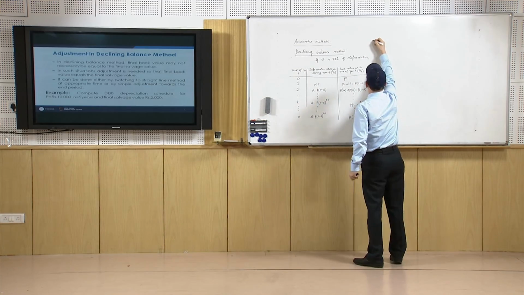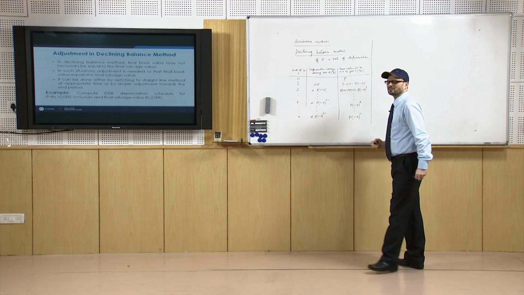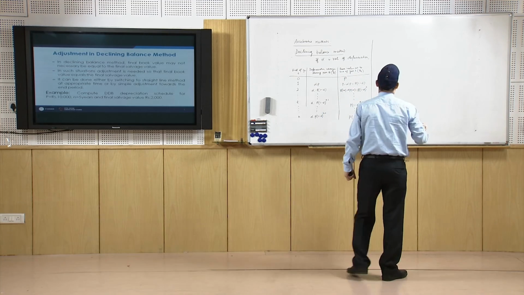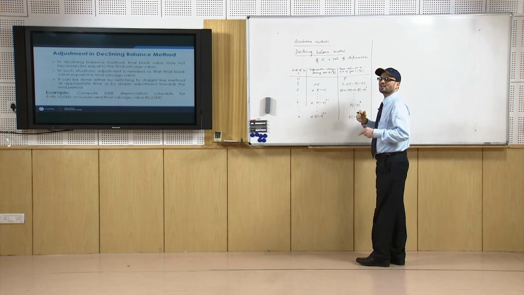While discussing the declining balance method of depreciation, the straight line rate of depreciation is 1 by n.